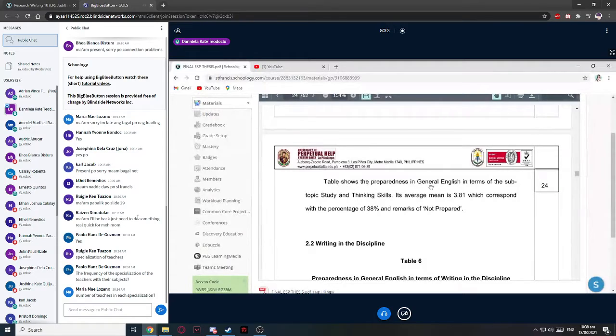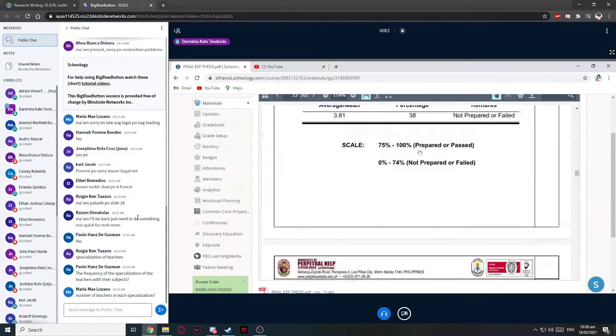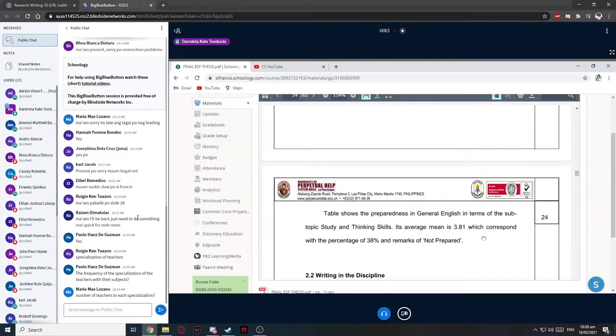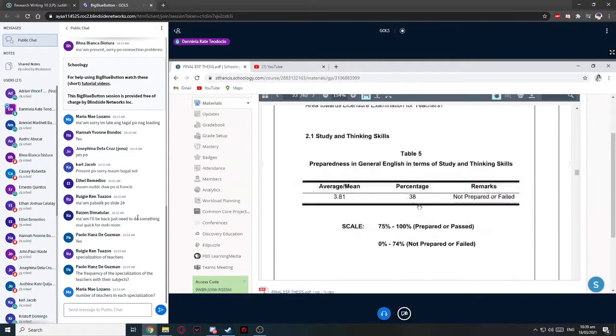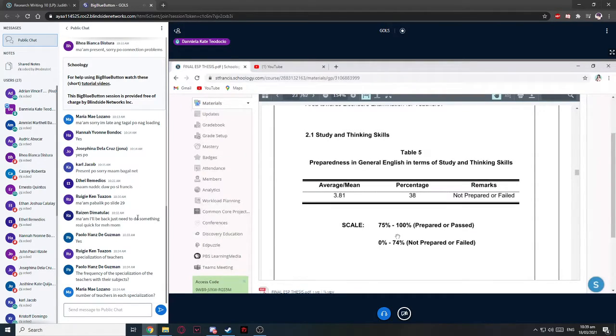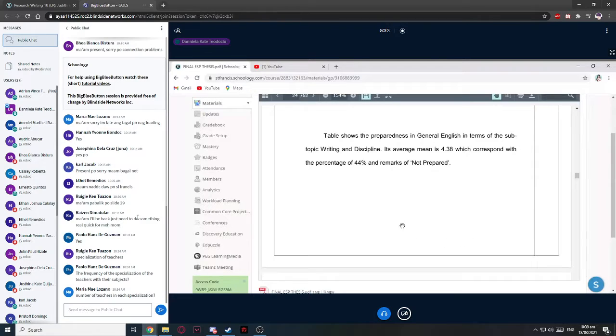Table shows the preparedness of general English in terms of subtopic study and thinking skills. Its average mean is 3.81, which correspond with the percentage of 38%, and then your analysis, it remarks as not prepared. Again, presentation, analysis, and interpretation. Nagigets na po ba on how to do your chapter 3?